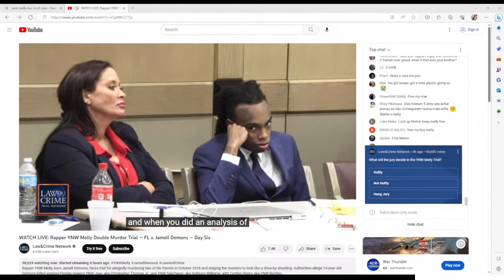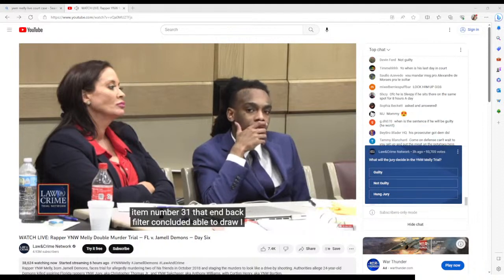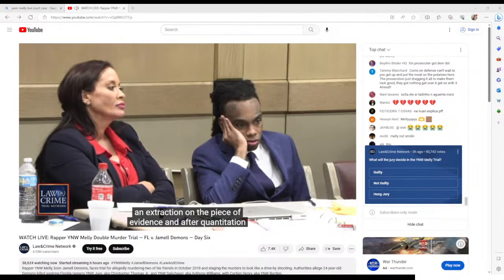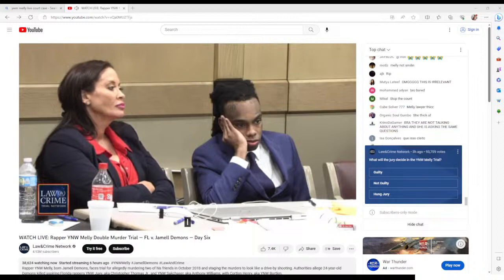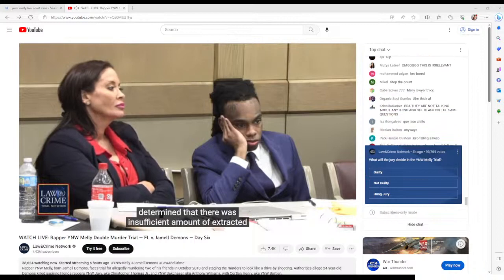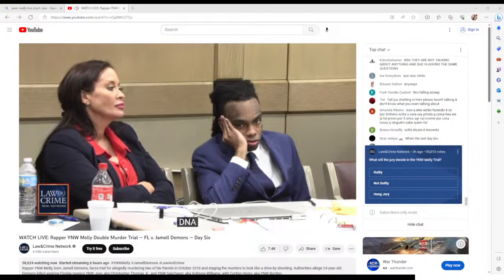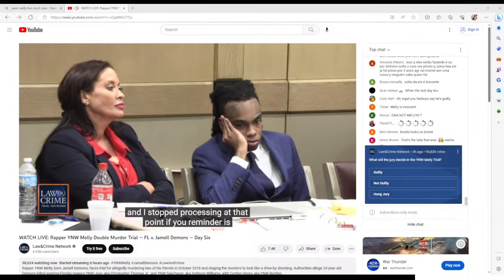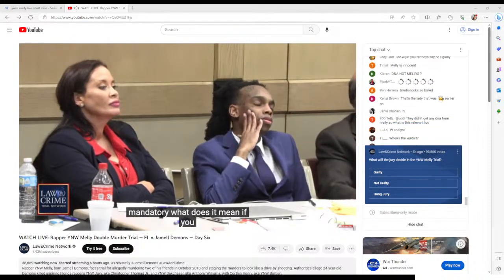And when you did an analysis of item number 31, the MVAC filter, what conclusions were you able to draw? I did an extraction on the piece of evidence, and after quantitation, I determined that there was insufficient amount of extracted DNA to go forward. So I did not attempt to develop a DNA profile, and I stopped processing at that point. And if you remind ladies and gentlemen of the jury, what does it mean if you stop it at that second step?